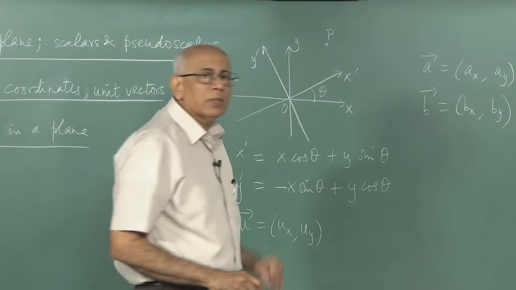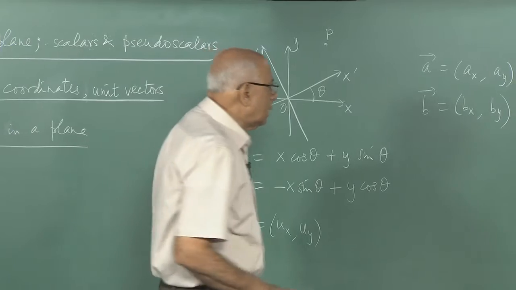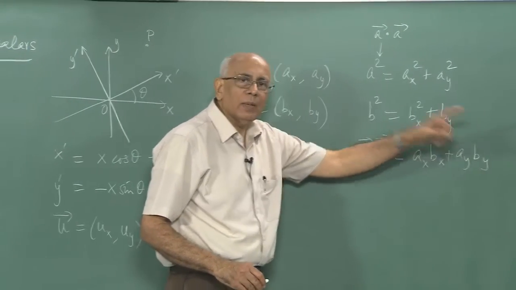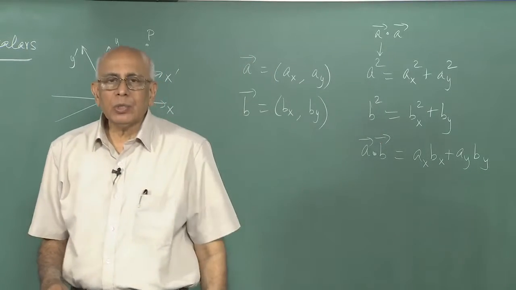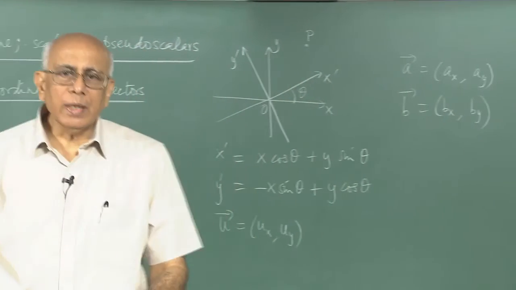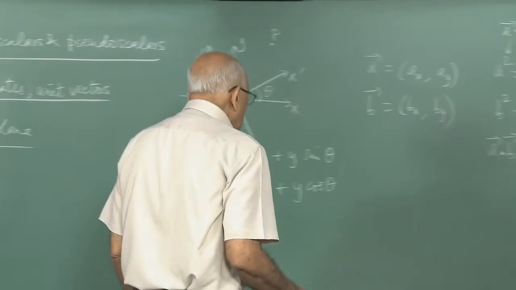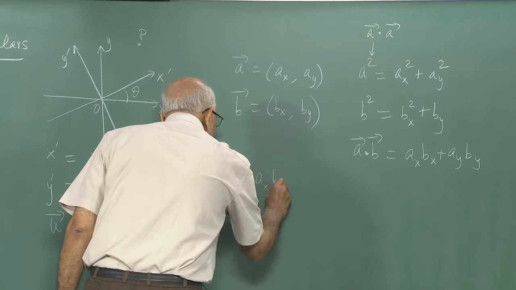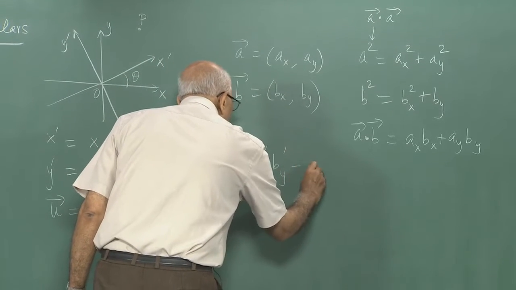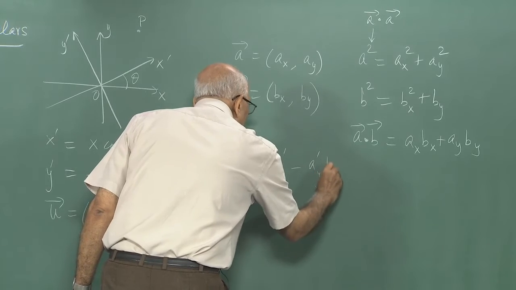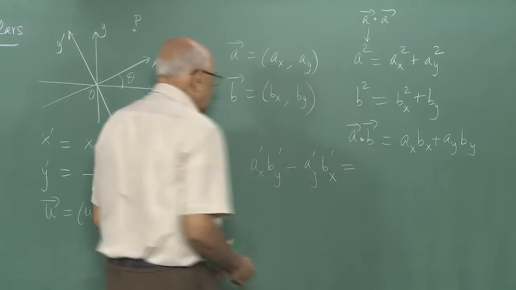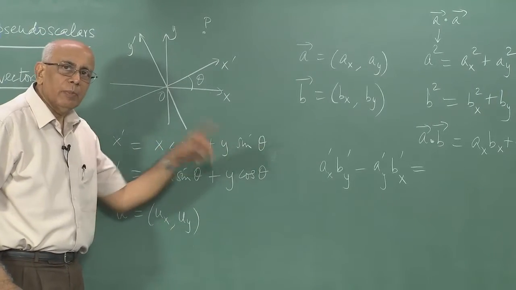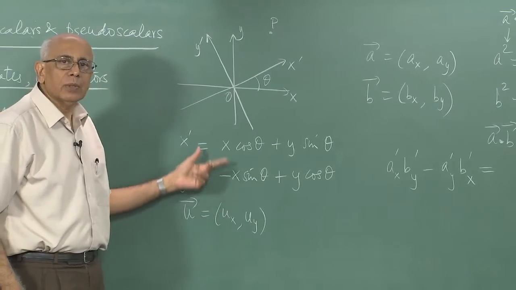I also pointed out something else. I also pointed out that interestingly, if you consider the combination ax by minus ay bx, that too appears to be a scalar, and this needs a little bit of working out, and it is not a very hard thing to do. So let me do that and show you how this happens. If you looked at ax prime by prime minus ay prime bx prime, substitute for ax and bx and ay and by formulas similar to this.